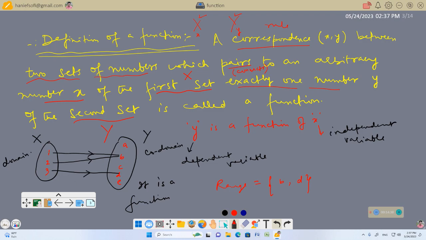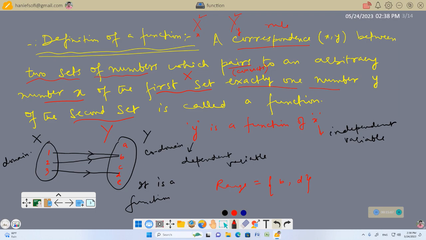And sometimes we say 1 is the pre image of B, 2 is the pre image of B, 3 is the pre image of D. So first function, if the correspondence is function, that means every member of set X in the Venn diagram, every member must be connected and every member must be connected to exactly one member of codomain. Right. Then we talk of domain, codomain, and range. Range in general is a subset of codomain, right?